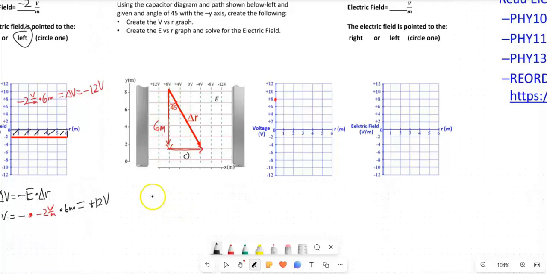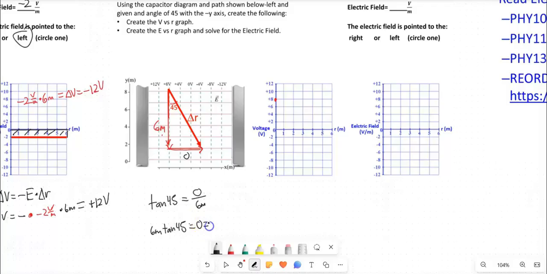I have adjacent. Opposite over adjacent, that's tangent. So tangent of 45 is equal to opposite over adjacent. So multiply both sides by that 6 meters, and we get this.